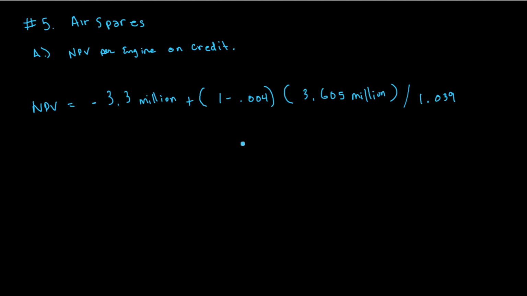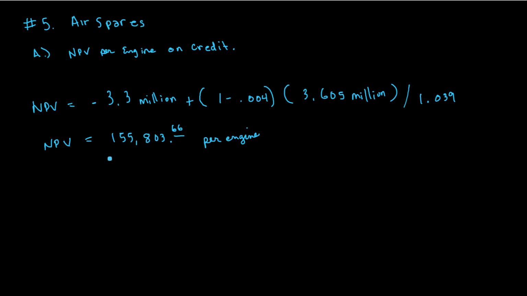Okay, so if we go ahead and run the numbers, we can see that the net present value equals $155,803.66, and that's per engine. So in that case, we should go ahead and fill the order.